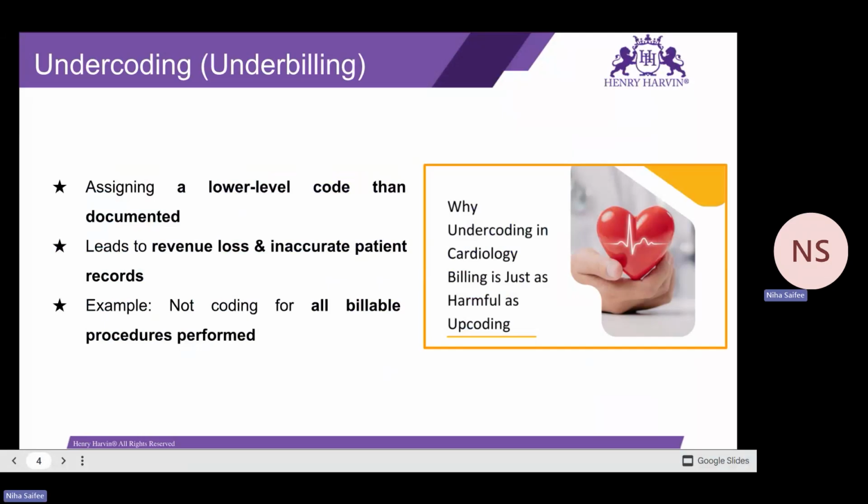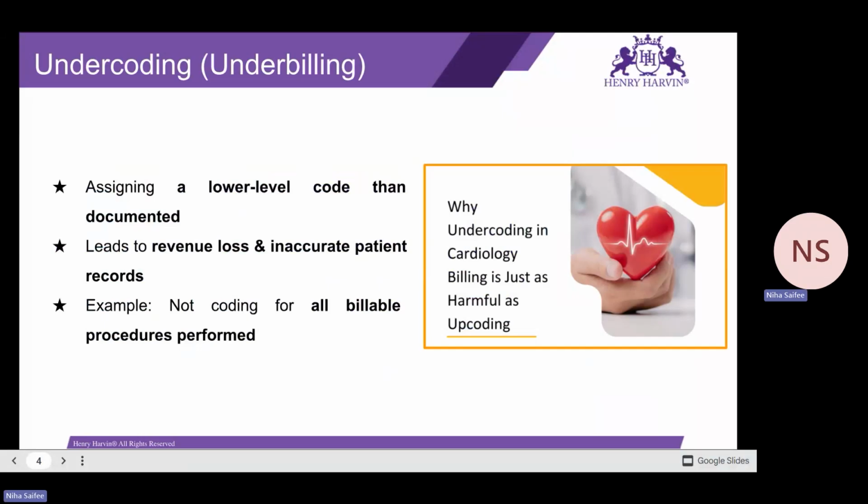Like if two stents were put in, and you have coded for only one stent, you have not understood properly. The loss of one stent code is going to be a huge effect. So like that, the revenue received by the physician can be marginally low, or it can be a very high loss.